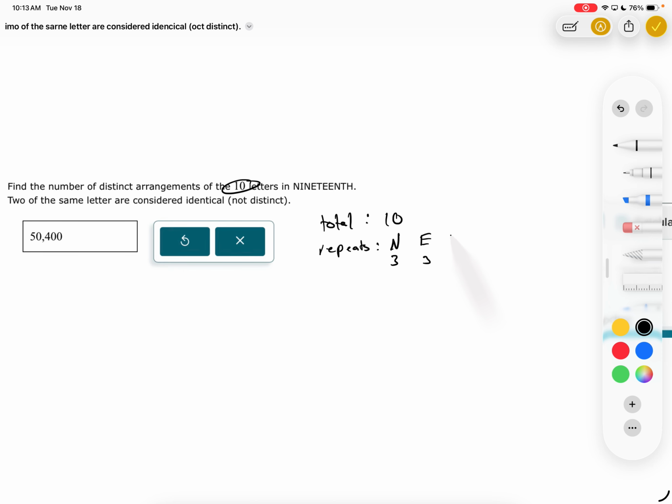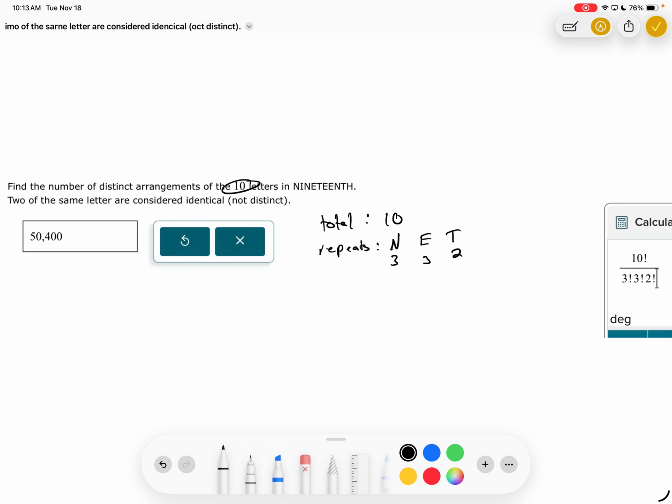Okay. And then the other part of this is permutation: use when the order matters. And combination: use when the order does not matter.